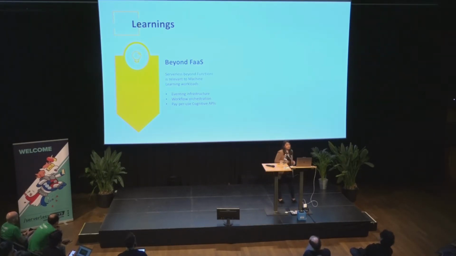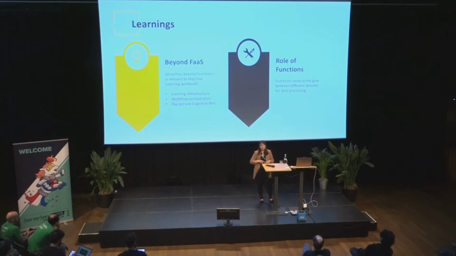The key learning from this one is serverless, even beyond functions, is very relevant to machine learning workloads. In this specific example, we saw eventing orchestration, that's workflow orchestration, and pay-per-use cognitive APIs. And really, functions in this entire architecture plays the role of being the glue that ties together multiple different serverless services.